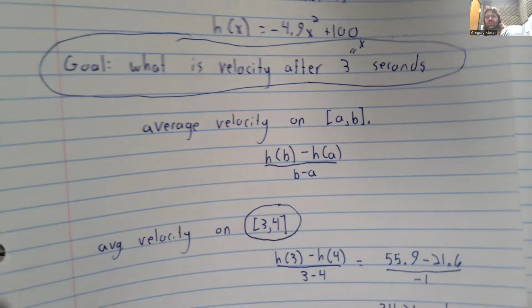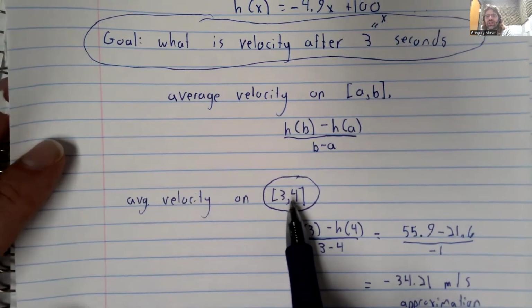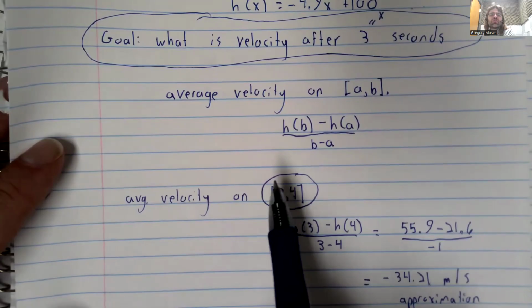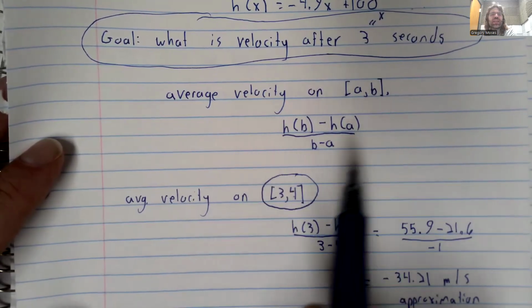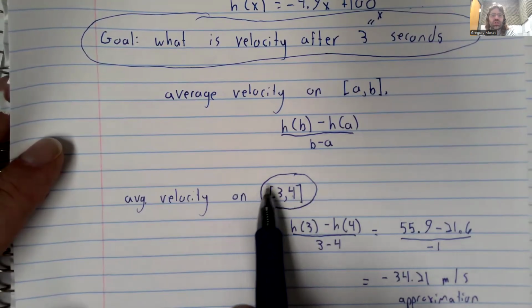So there was acceleration on this 1 second interval. If acceleration is the problem, how can we have less acceleration? Well, we could look at a smaller interval.